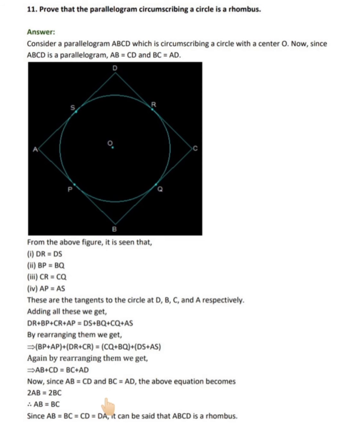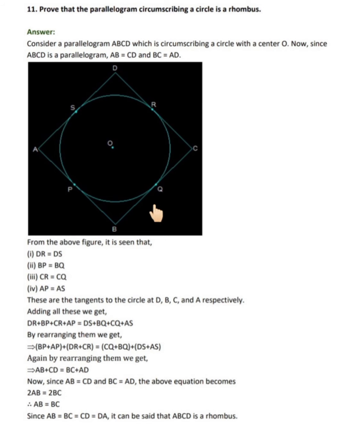As AB is equal to CD and here we have AB plus CD, we can replace CD and write AB in place of CD. So 2 times AB, and similarly BC is equal to AD, no? So BC plus AD can be written as 2 times BC. Okay, so 2 times AB is equal to 2 times BC. 2 is common on both sides of the equation, so 2 will be cancelled out. So what we got is that AB is equal to BC.